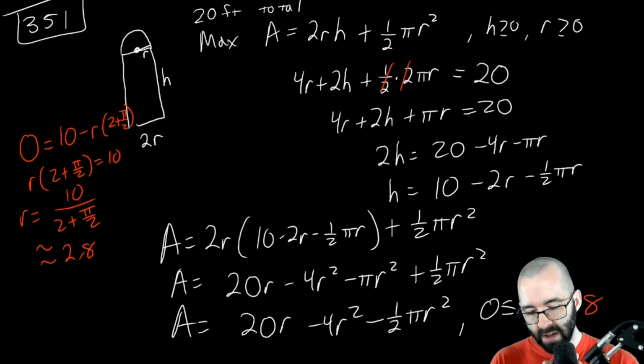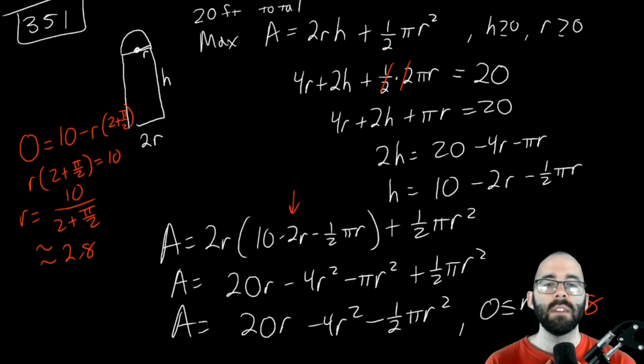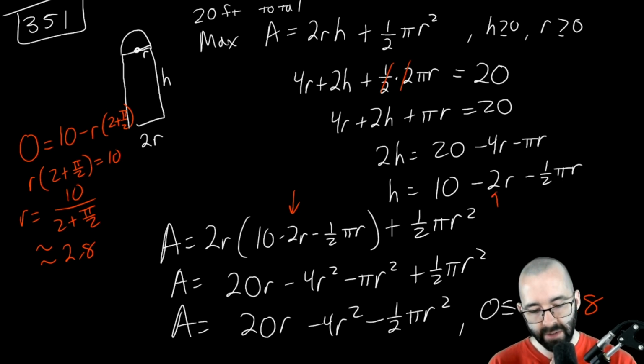I'm off by a doubled factor right here. Where is that coming from? It's coming from my h substitution. It's coming from here.